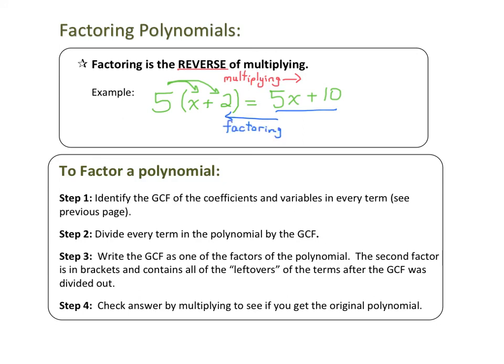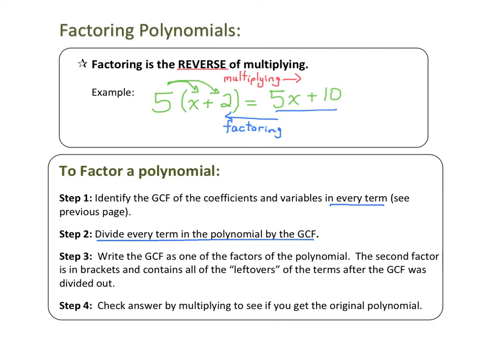So, how can we do that? To factor a polynomial, you need to identify the greatest common factor of the coefficients and variables in every term first. So this is what we've been doing in the previous examples. Once you've identified the greatest common factor for all of the terms, you need to divide each term by that greatest common factor.